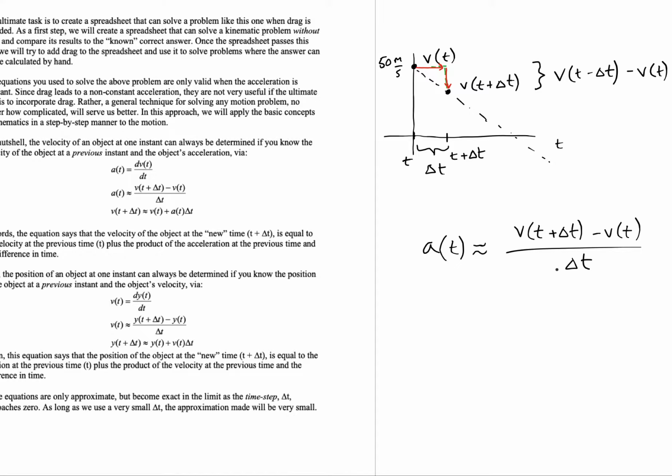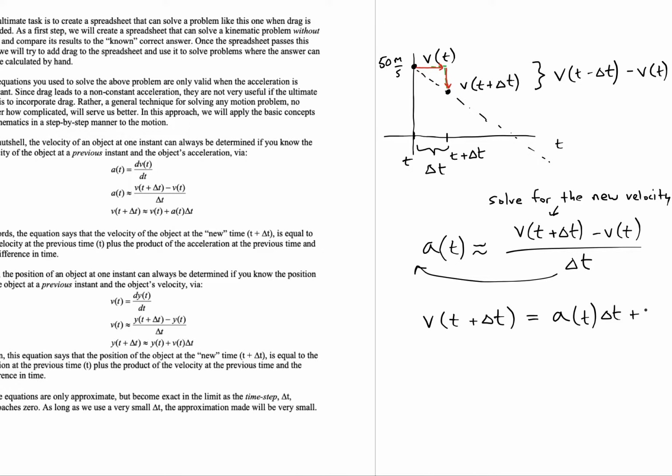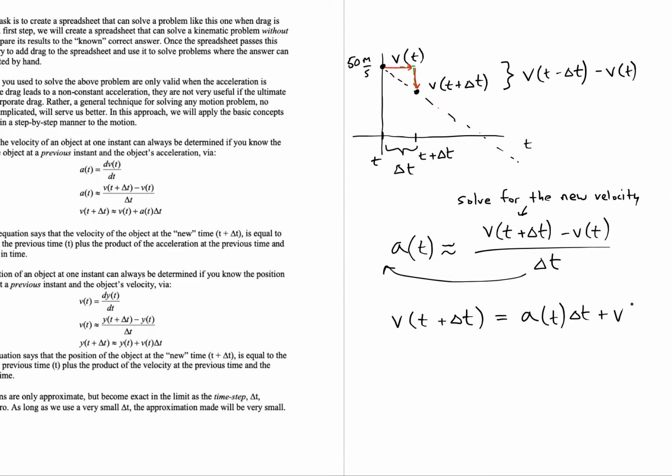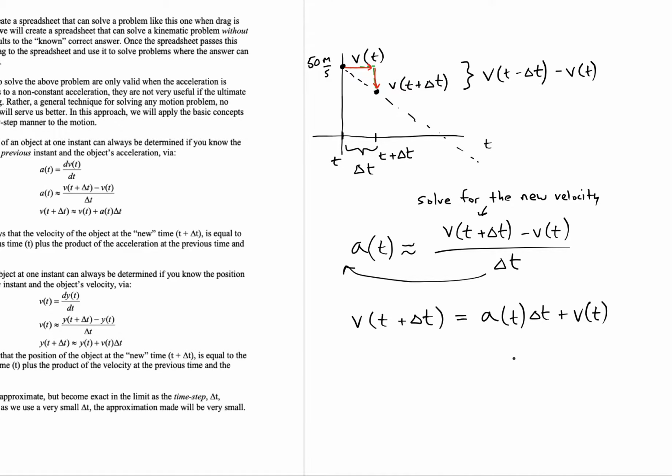What we could do, though, is rearrange this formula to solve for the new velocity. Move this to the other side, then add the other term, and you get a times delta t plus some current velocity v of t. So what does this represent?